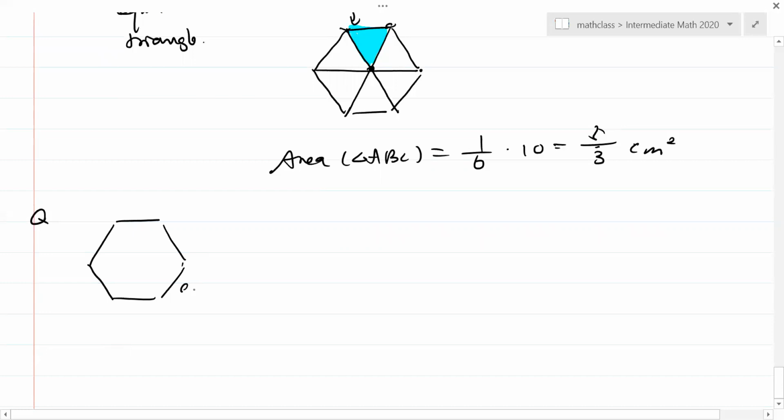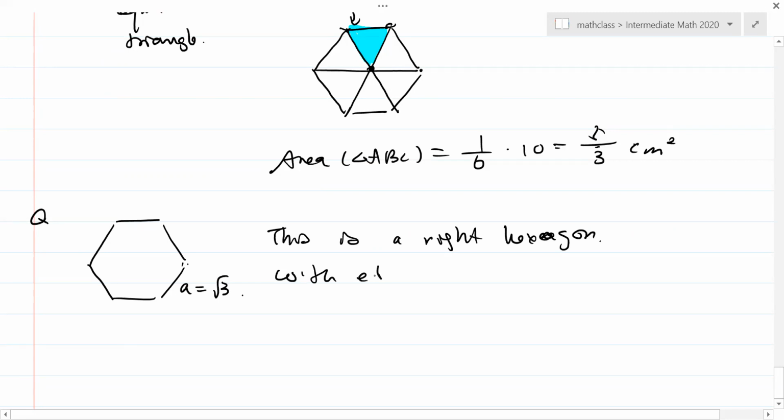If the edge length a equals square root of 3, okay, this is a regular hexagon with edge length a equals square root of 3 units. Find the area of the hexagon.